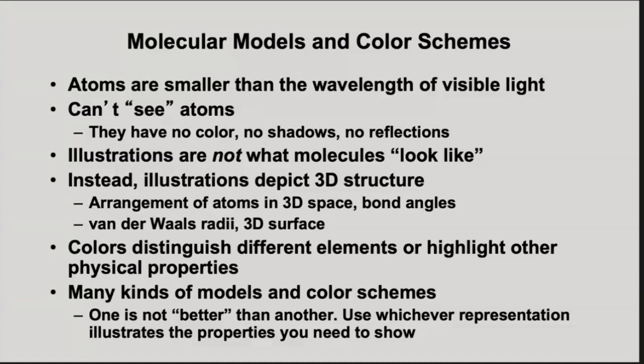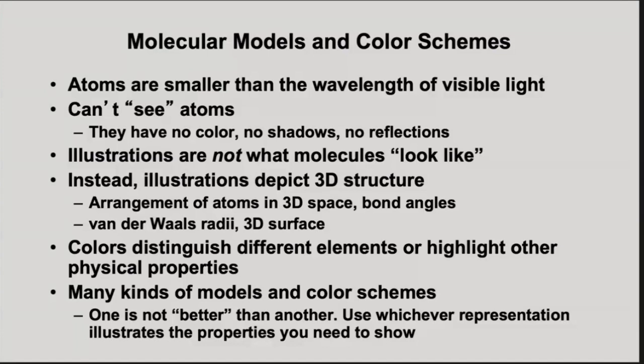Likewise, remember that atoms can't have color. So the colors that we use to represent individual atoms are meant to distinguish the different elements from one another. So we use different colors to distinguish carbon from hydrogen, from oxygen, from nitrogen, from sodium, and so forth. These are not the actual colors of the atoms because the atoms can't have color. There are other color schemes.